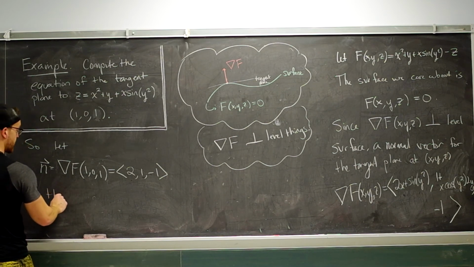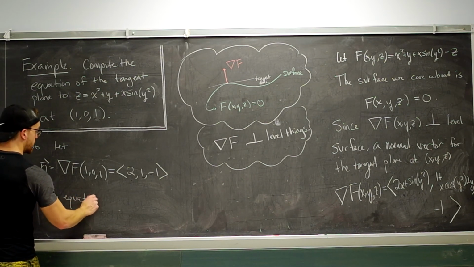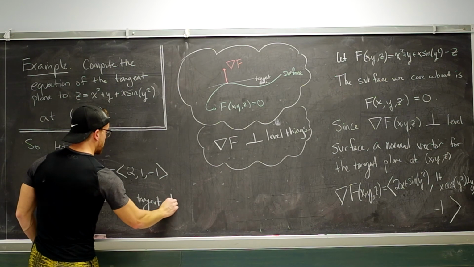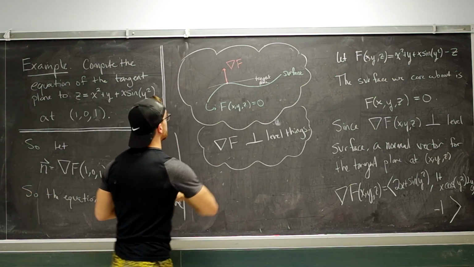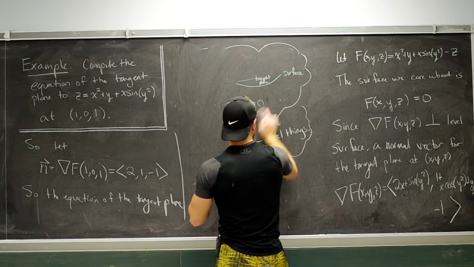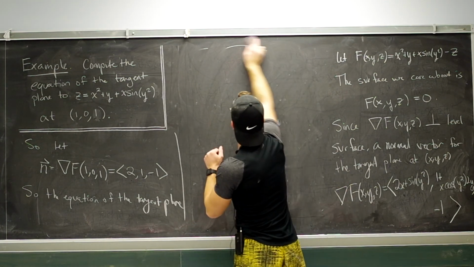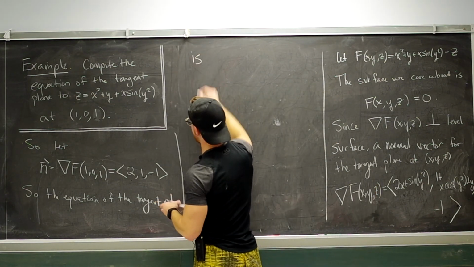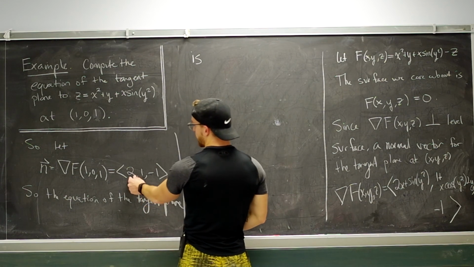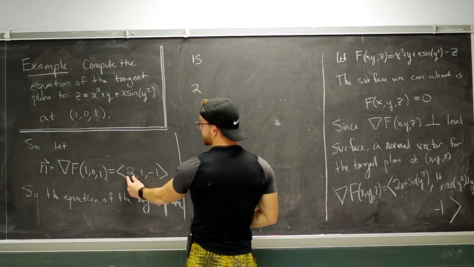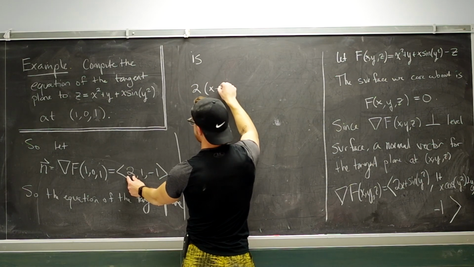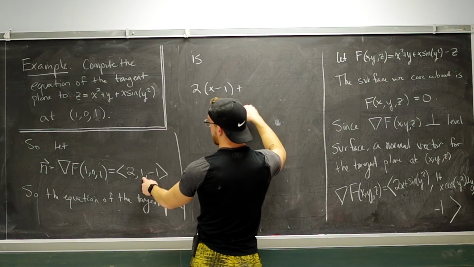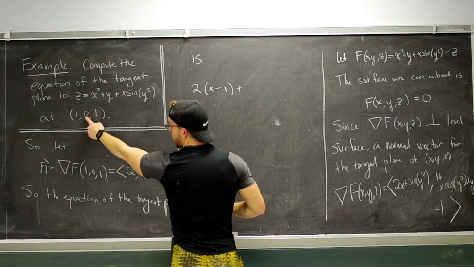So the equation of the tangent plane is, let me finish it off over here: the scalar in the x component, 2, times x minus the x value, 1, plus 1 times y minus the y value.